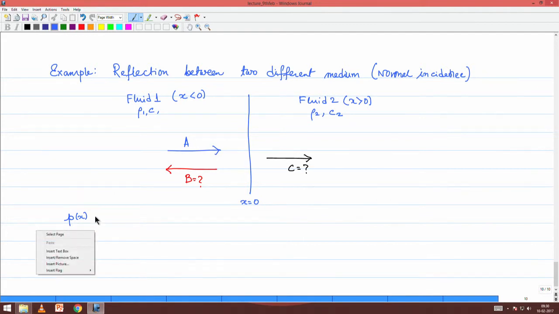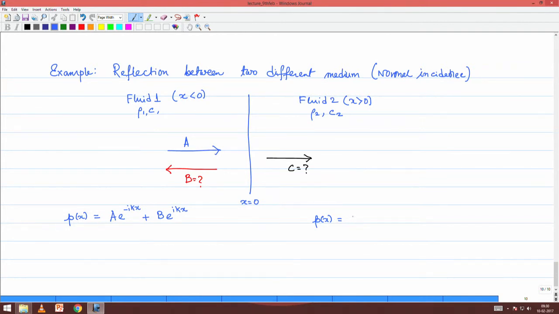So, we already know that the solution to the one dimensional plane wave equation has got to have these two components, and therefore, we are happy to note that the pressure profile will be given in this form. There is a forward travelling wave and there is a backward travelling wave, but for the region x greater than 0 there is only a forward travelling wave, there is no backward travelling wave.